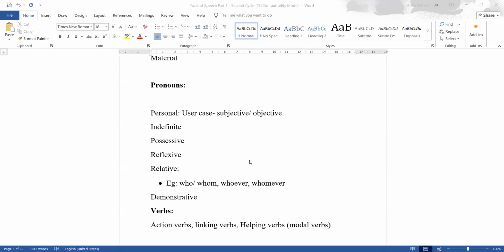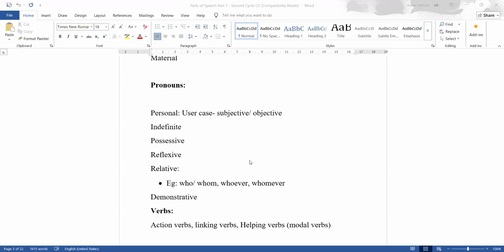Indefinite pronouns are the most important because many sentence correction questions catch indefinite pronouns. Anyone, somebody, something that refers to non-specific things. Someone, anyone, anybody, somebody, somewhere, none, all. Questions usually come on this.